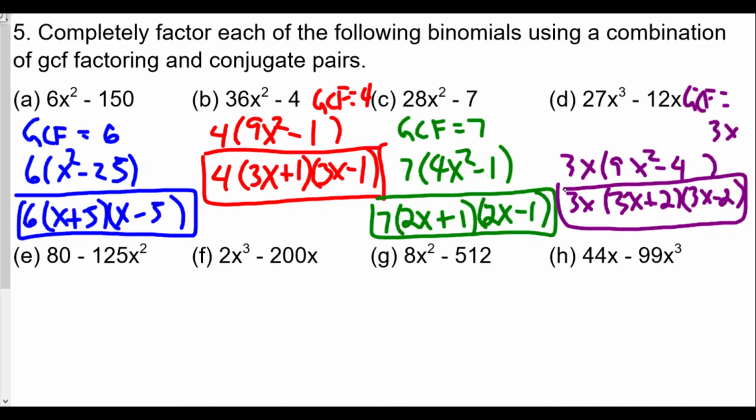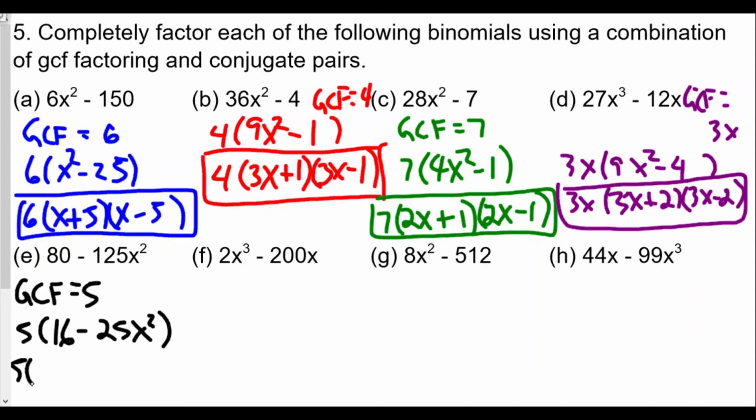We continue on, and we're going to have E, our GCF. Now this one's a little bit strange, but our GCF, what number goes into both 80 and 125, is going to be 5. Now 80 divided by 5 is going to be 16. And 125 divided by 5 is 25. Well, let's see, it's 25x squared because of 125x squared. Now, the conjugate pair: the square root of 16 is 4.